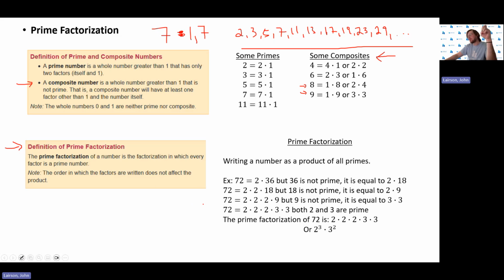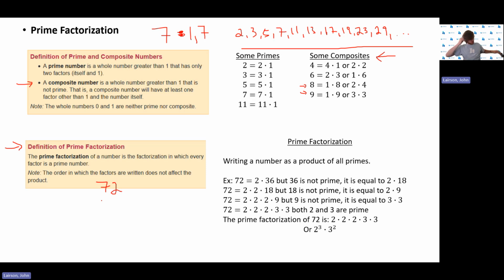So 72 is the example here. The way I do this is kind of a lot of words. I think it's much easier if we do the factor tree. 72. What I'm going to do is find a factor of 72. It doesn't need to be in order at all.